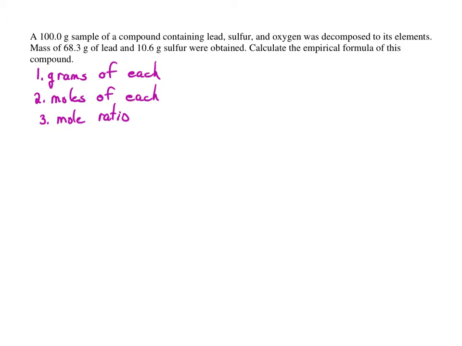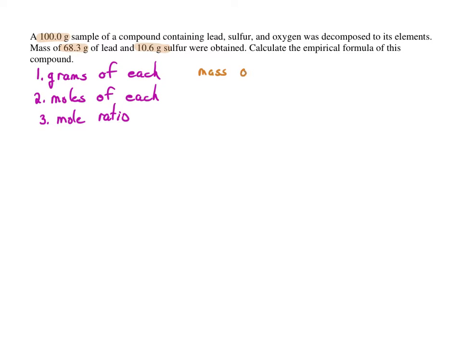An empirical formula problem. In this case, we're given amounts of 2 of the elements in grams. There is a third element, and we need to determine the amount of that element by subtraction from the initial amount.